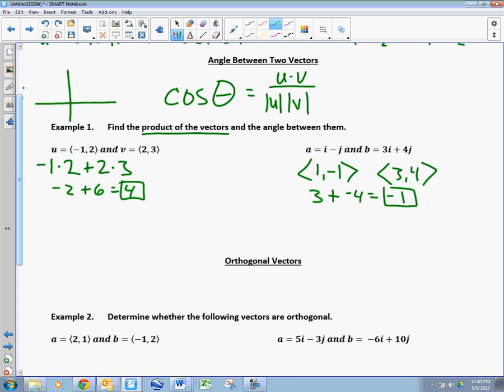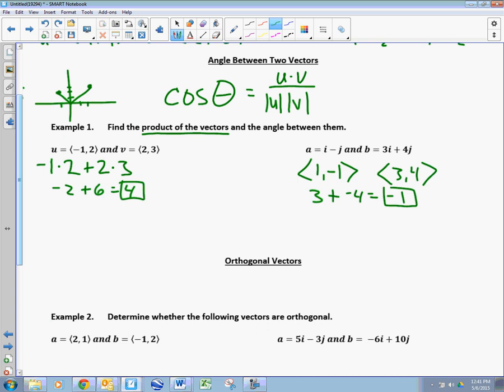No, I'll show you. Okay, so as you look here, U is -1, +2. All right, so that's a vector. And then you have 2, 3. So over 2 and up 3. That's another vector. The question is, what is the angle formed between those two vectors?